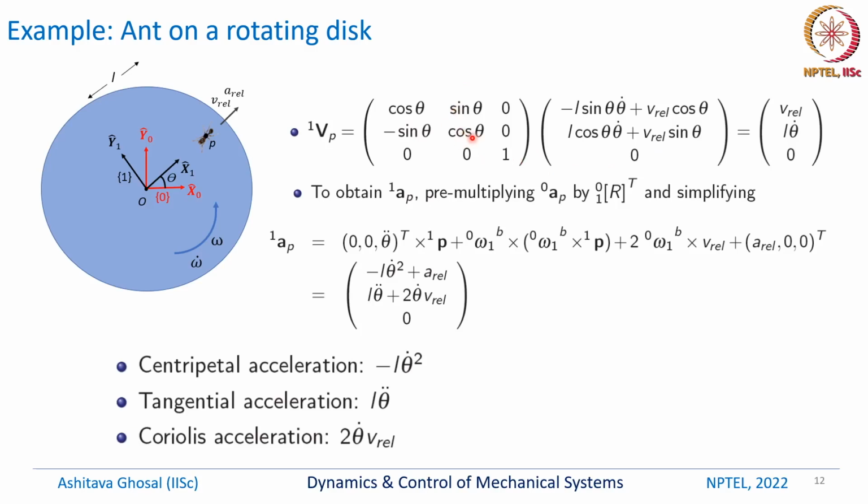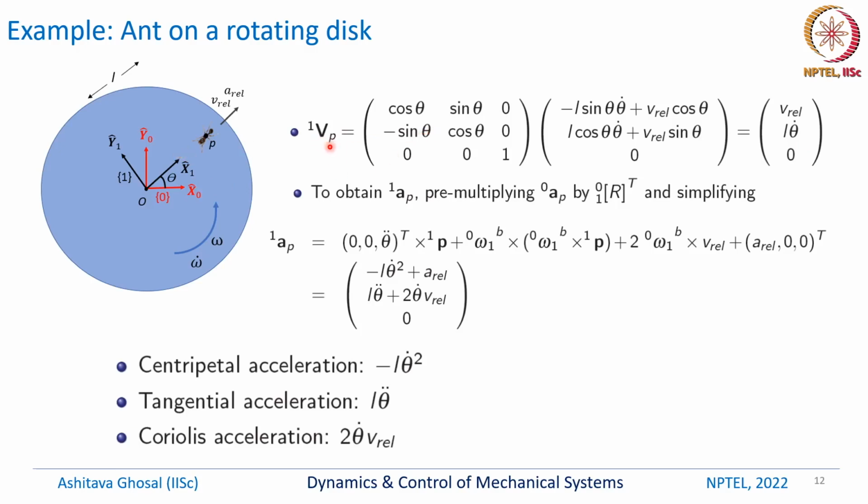If you simply multiply this matrix into this vector and simplify, you will get V rel, L theta dot, 0. It makes sense, right? Because if you are in this rotating coordinate system, the velocity of the ant will be clearly along the x-axis, and due to the rotation we have some L theta dot term.